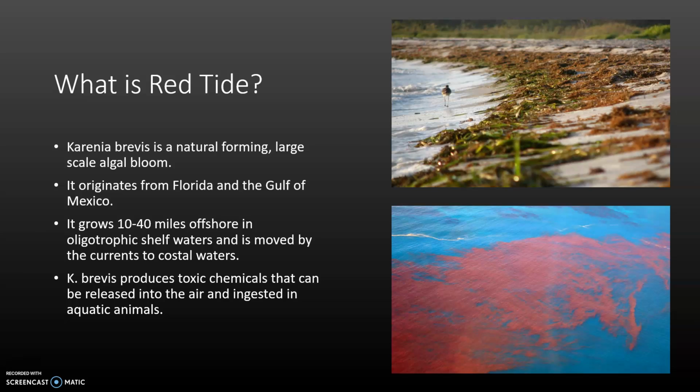Karenia brevis produces a toxic chemical that can be put in the air as well as ingested by aquatic animals as well as by humans if we swim or interact around it, as well as if we consume marine life that has been contaminated with this, which I will discuss further.